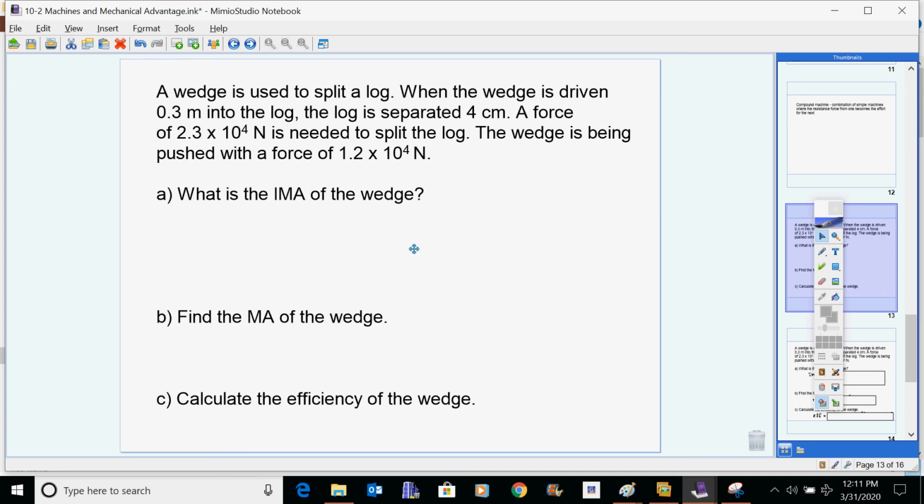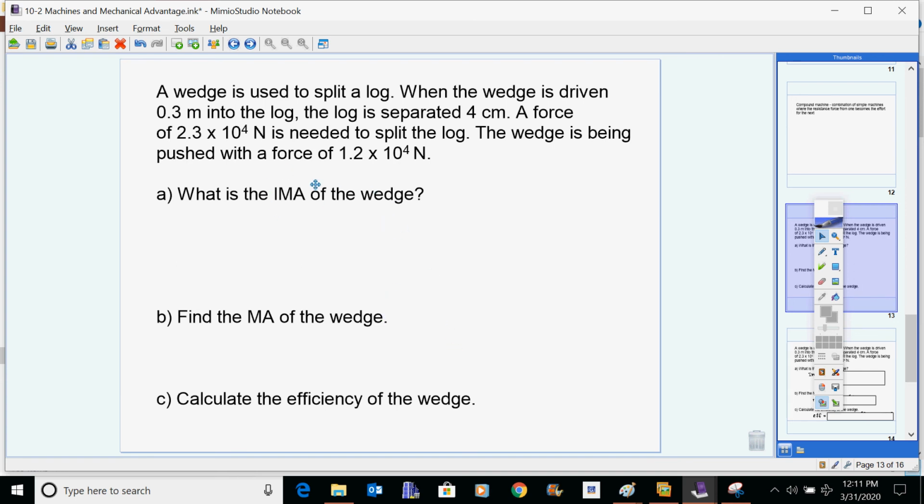There's a force amount that's needed to split the log. Those wood fibers are going to hold on very tightly, and the wedge is being pushed. In other words, the effort that you're making is this much force being pushed. So what we need to do is use some of our calculations in order to find other information.